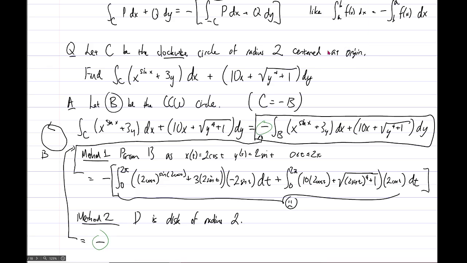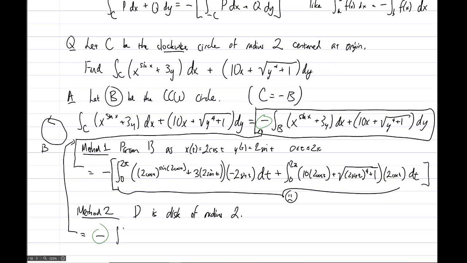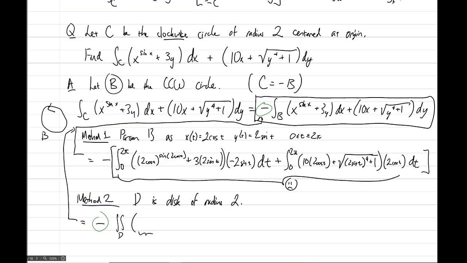And then we have the double integral over d of, if we go back to what Green's theorem says, we need the partial derivative of q with respect to x, and then we need to subtract the partial derivative of p with respect to y. So take a look at q, which is right here, 10x plus root y to the fourth plus 1.